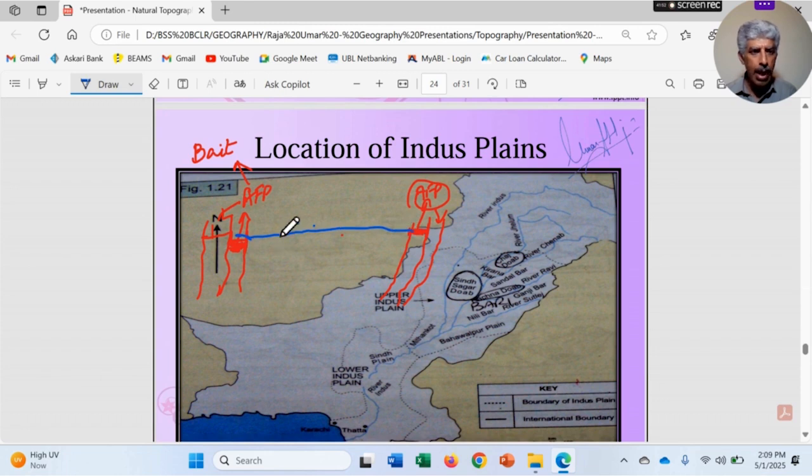If this is Doab, and 2 kilometers of area from the main river stream, if I say this much and this much of this river, so this area is known as old flood plain. Old flood plain is the area which is flooded after a few years, not every year.